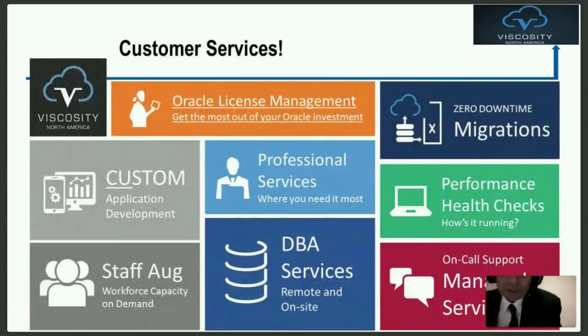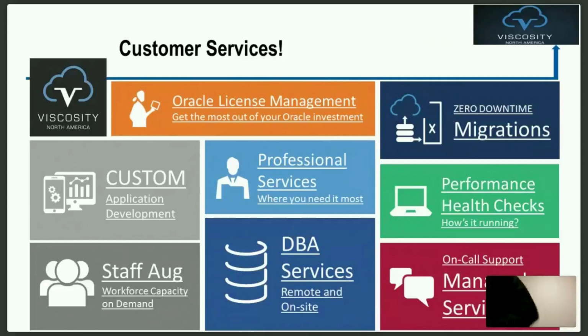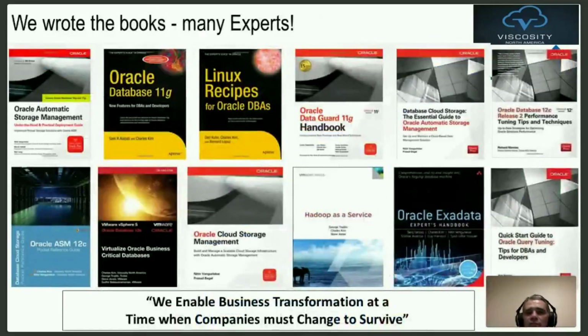What do we do as a business? This is Viscosity kind of in a nutshell. You can see that we do pretty much professional services. You can see zero downtime migrations, performance health checks, professional services, DBA services. We do Oracle Cloud Infrastructure. You name it on the professional side. All things Oracle, but different from other companies, I think we look to be a trusted advisor.